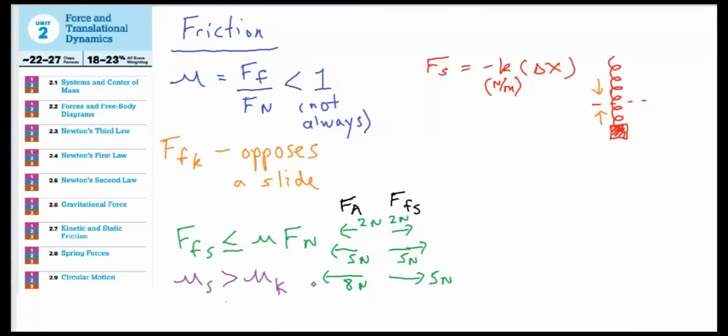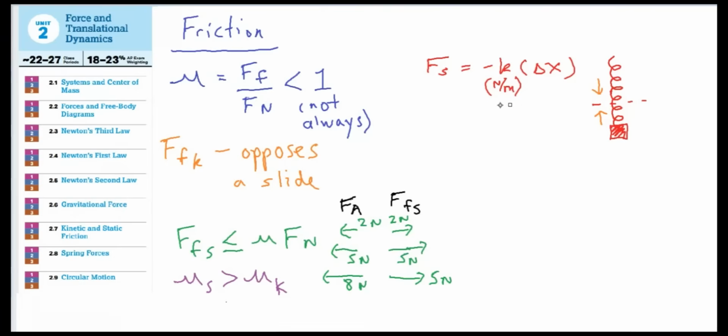If you pull with 8, then static friction is no longer acting, and there's a bit of a drop, and then it will change into kinetic friction. So then you'd have that 5 newtons trying to oppose it from static friction, and then it would lose the push against that 8 newtons of force, and then it would just be Fa minus the force of kinetic friction. On the same surface, mu sub s, the coefficient of static friction, is going to be greater than mu sub k, the coefficient of kinetic friction.